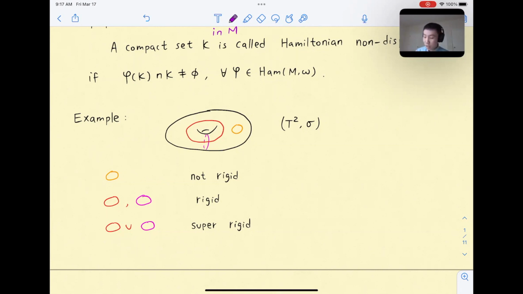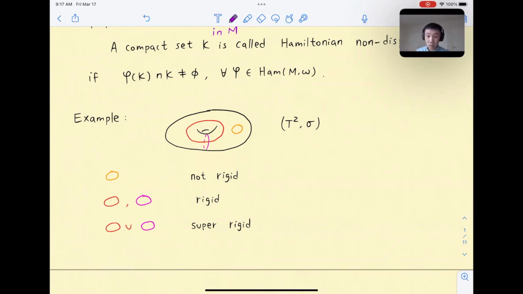And there are red circles and pink circles, which are not contractible. They cannot be Hamiltonian displaced from themselves, and we say those circles are rigid. This can be shown, for example, using Floer theory or other tools.